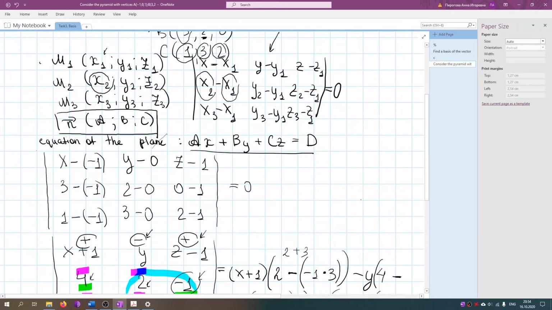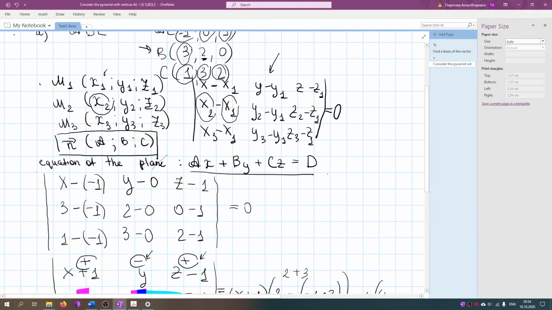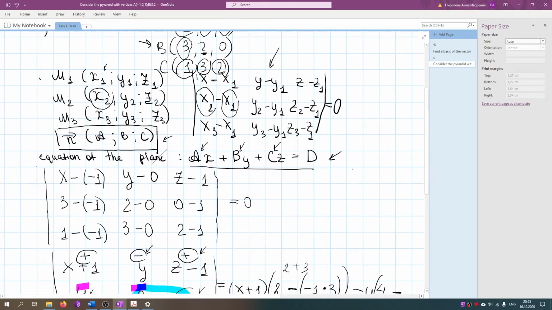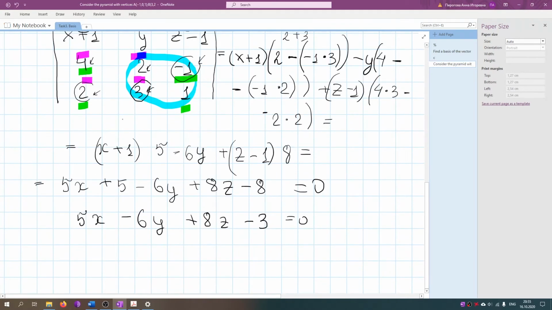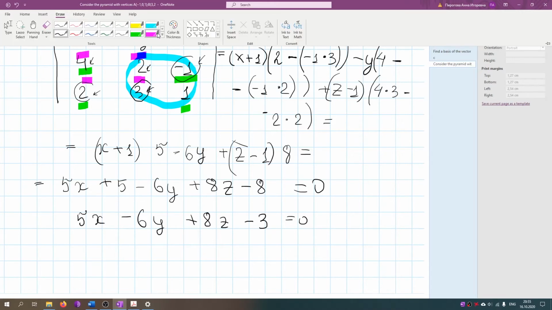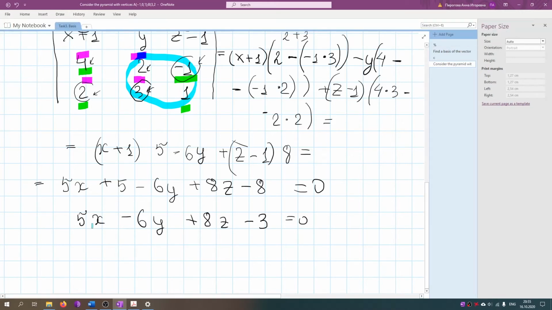So I'll just scroll up, and you see that we have got this equation of the plane. And these numbers before x, y, and z are the coordinates of the normal vector that we need. So I'll take another color. So what coordinates do we need?